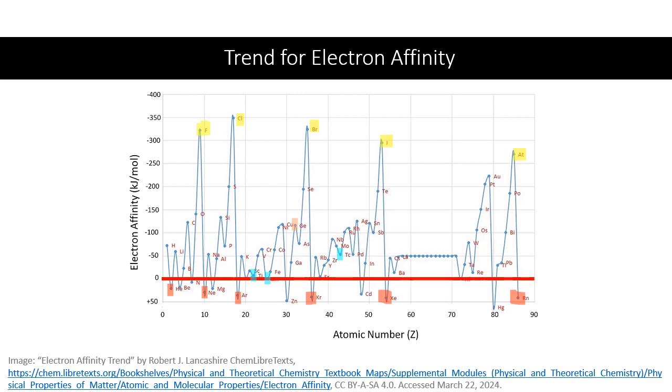Okay, what about when we open a new subshell? So we just talked about filling a full shell or overfilling, but new subshell, so less of a jump than going up a principal quantum number. So when you go from column 2 to column 13 by adding 1 electron, so that's going from an S to a P, you're opening a new subshell. And I've highlighted each of those in green.